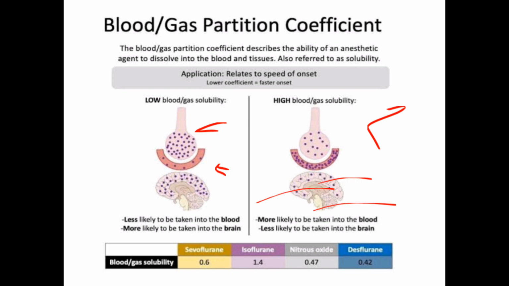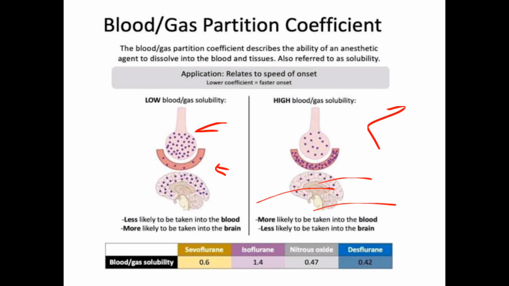Because of this low blood gas solubility, the inhalational drug is not easily absorbed by the blood, so it tends to accumulate faster in the alveoli, and an equilibrium is quickly established, so that within a short period of time it is distributed to the tissues, especially the brain.